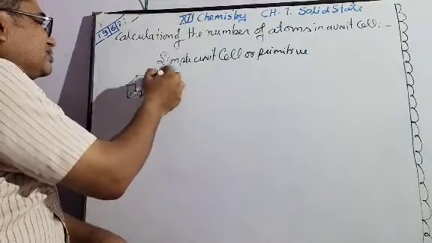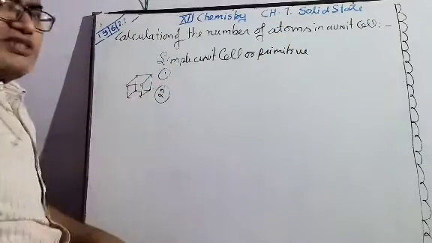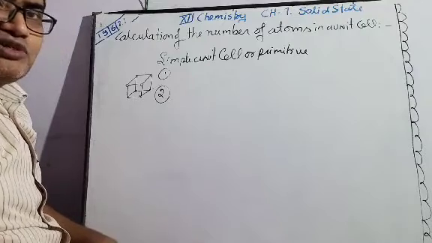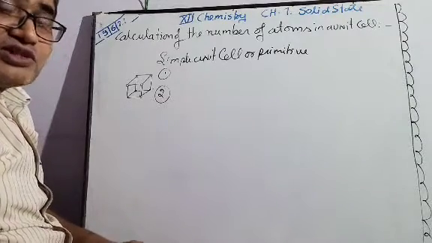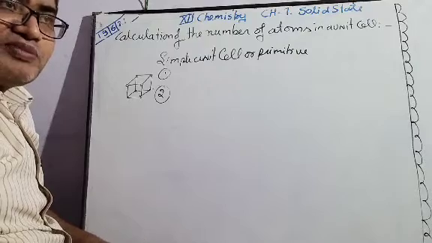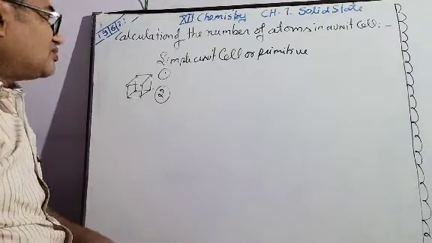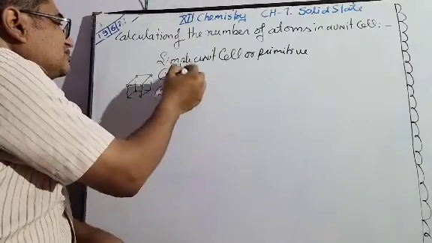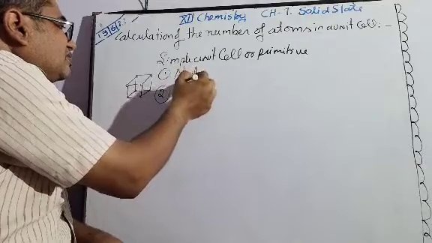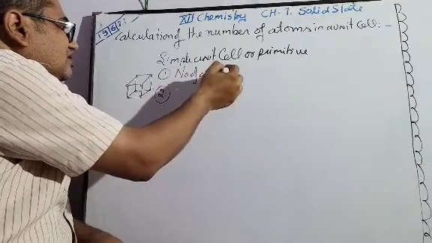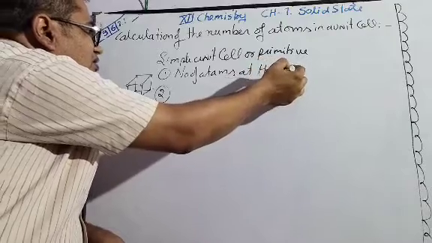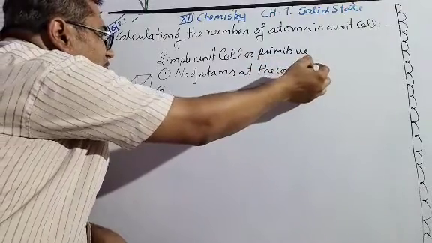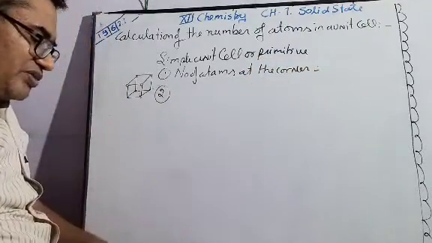First of all we have to find out the total number of atoms present at the corners. How will we find out?